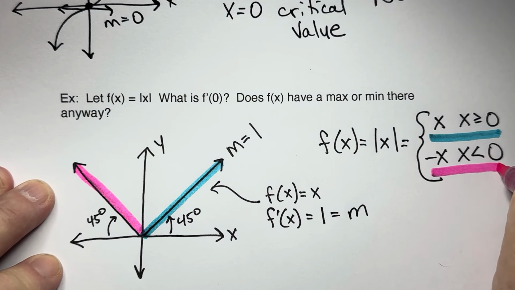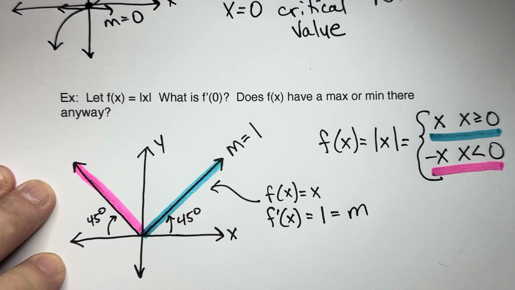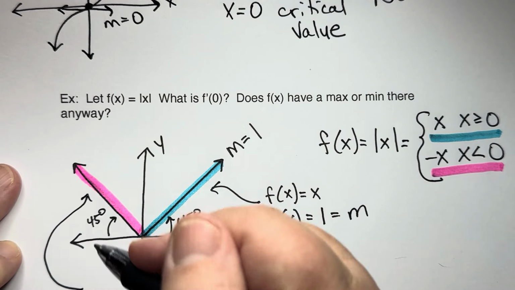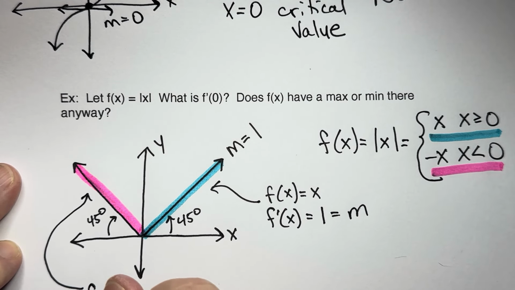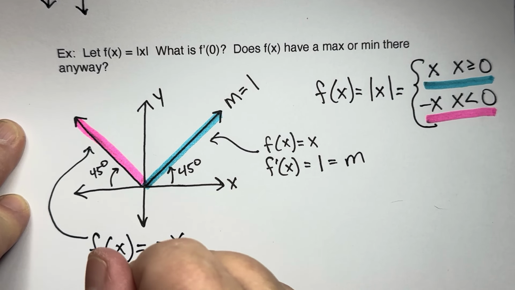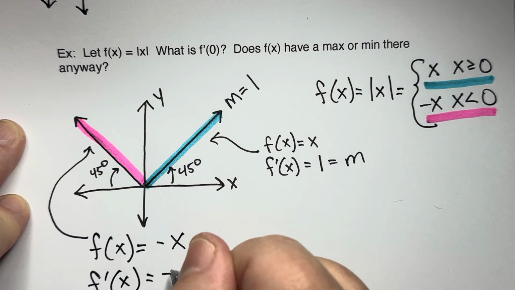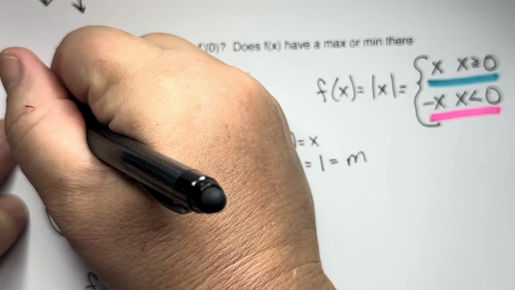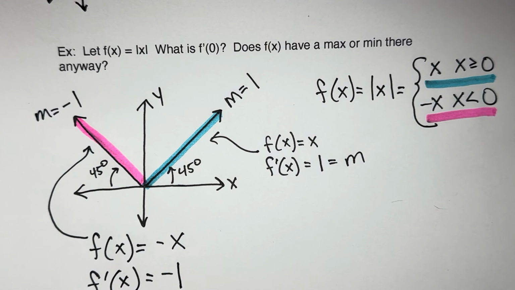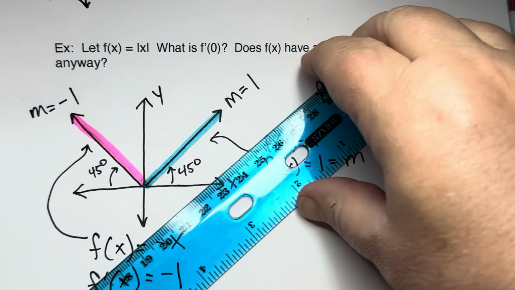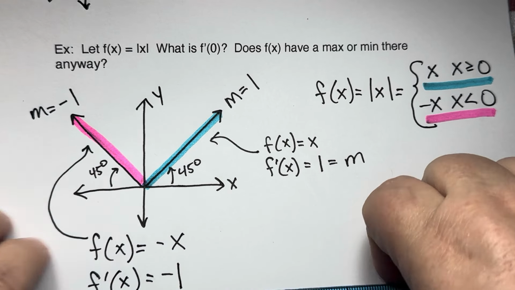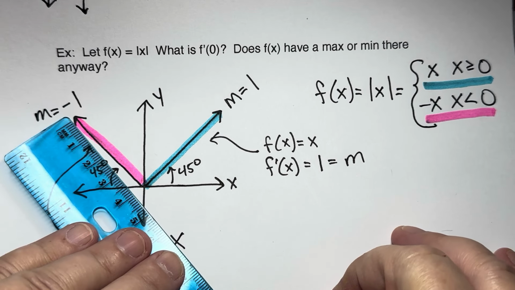When x is negative, f of x is the opposite of x. So f prime of x is -1. So over here, the slope is -1. So on this side, the slope is 1, and on this side, the slope is -1.